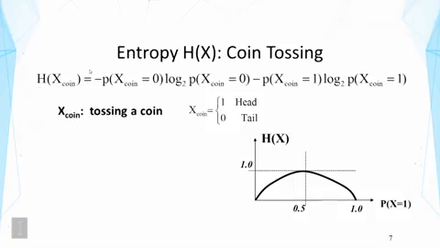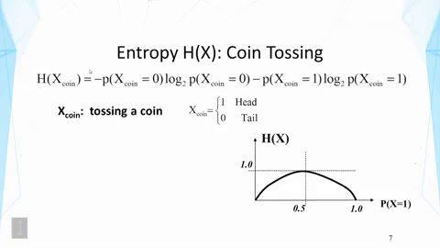It's easier to look at the problem by thinking of a simple example using coin tossing. When we think about a random experiment like tossing a coin, it gives us a random variable that can represent the result. It can be head or tail.